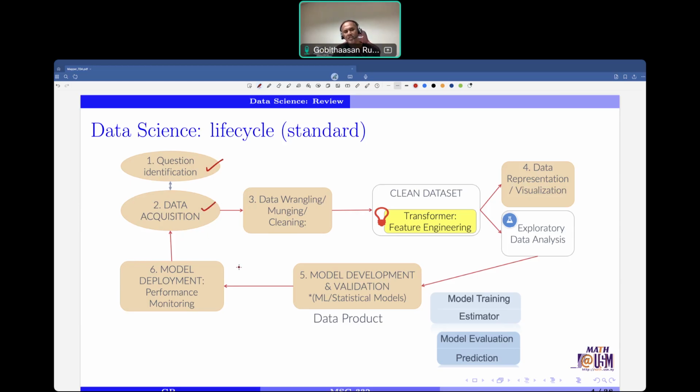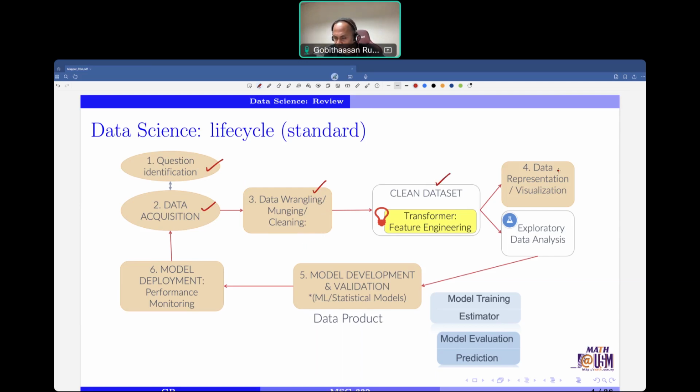Once you collect your data, the data might be raw. You might want to do some sort of processing. So we want to clean up your data, which is called data wrangling, also known as data munging or data cleaning. Once data cleaning is done, you have a clean data set.